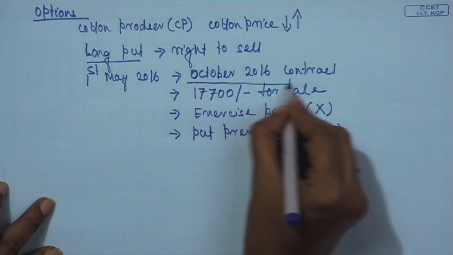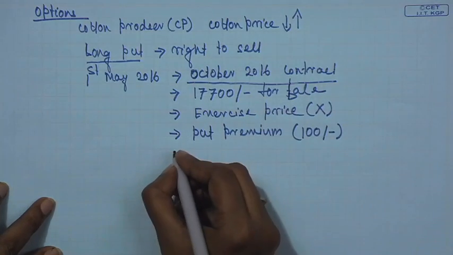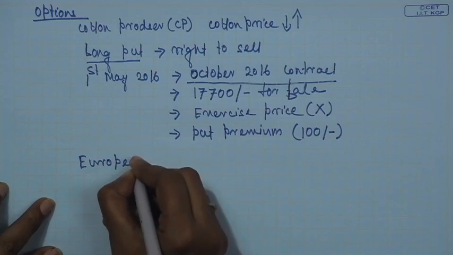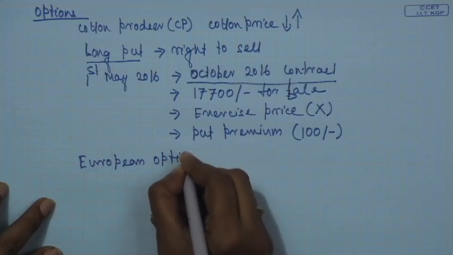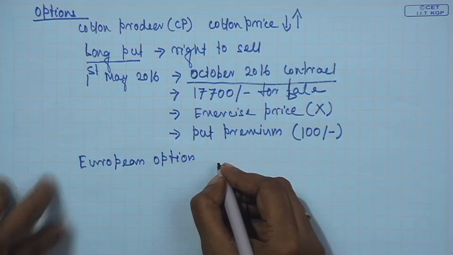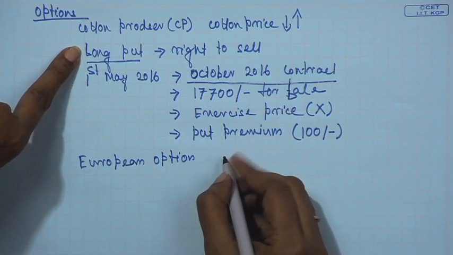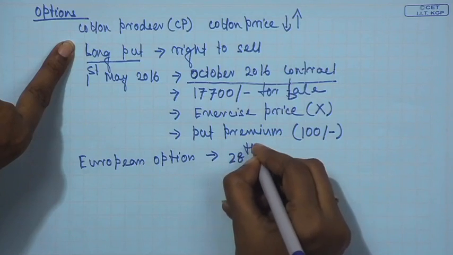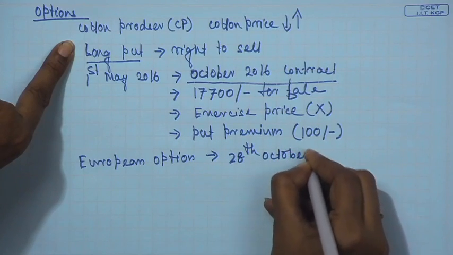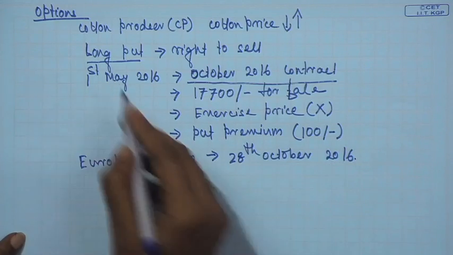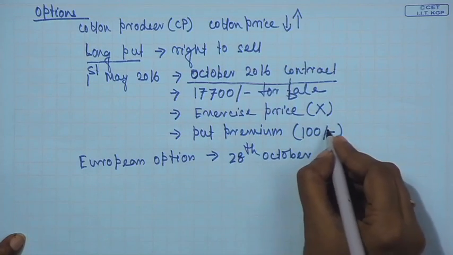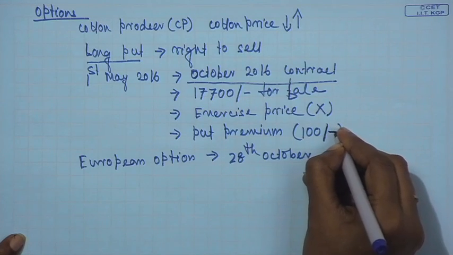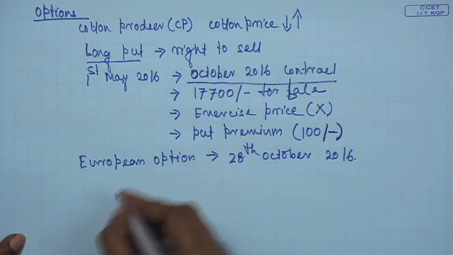On the October contract, when the contract matures, let's say this is a European option. A European option means the cotton producer will be able to exercise the contract only on the maturity date. So let's say 28th of October is the contract maturity date. The long put option holder may exercise or may not exercise, depending upon the prevailing price on the exercise date.